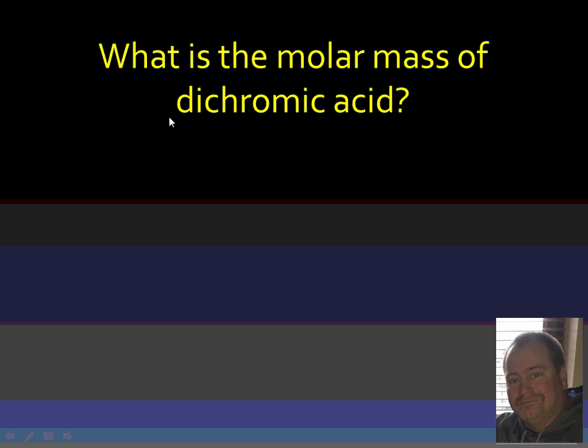So what polyatomic ion am I looking for? Dichromate. What is dichromate? Cr2O7, correct? What's the charge? -2. So how many hydrogens do I need to go with that? 2 of them.